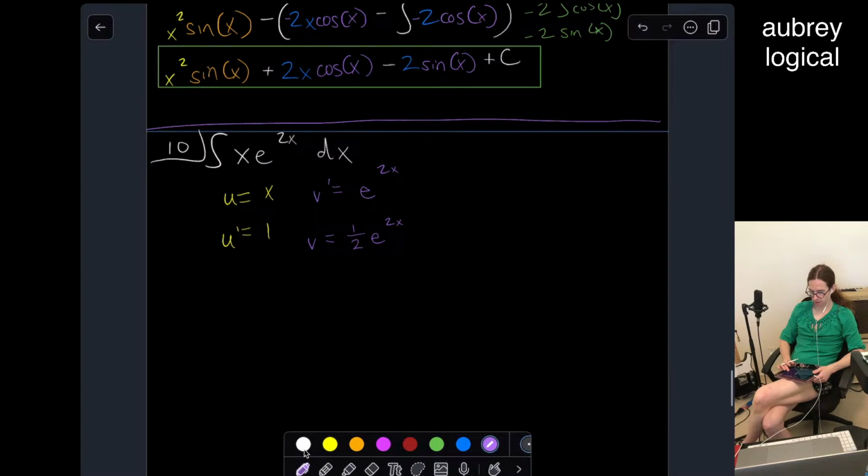To find the antiderivative of e to the 2x, it's basically just going to be e to the 2x again, but then we have to counter the chain rule, which is 2, the derivative of this expression, so 1/2.